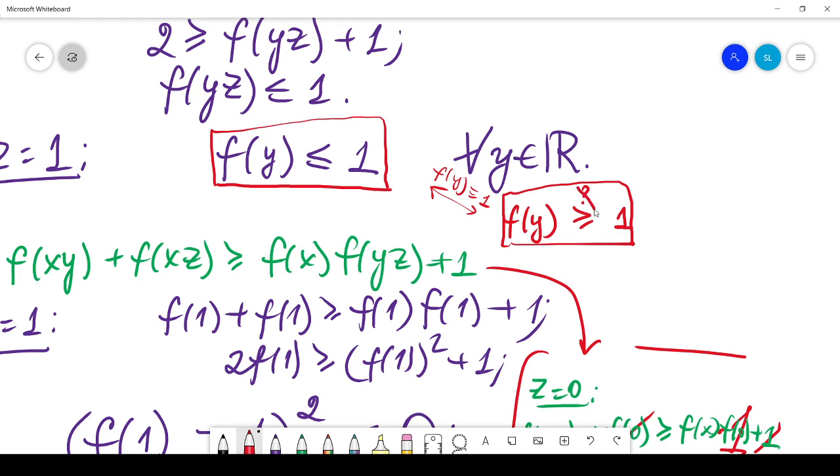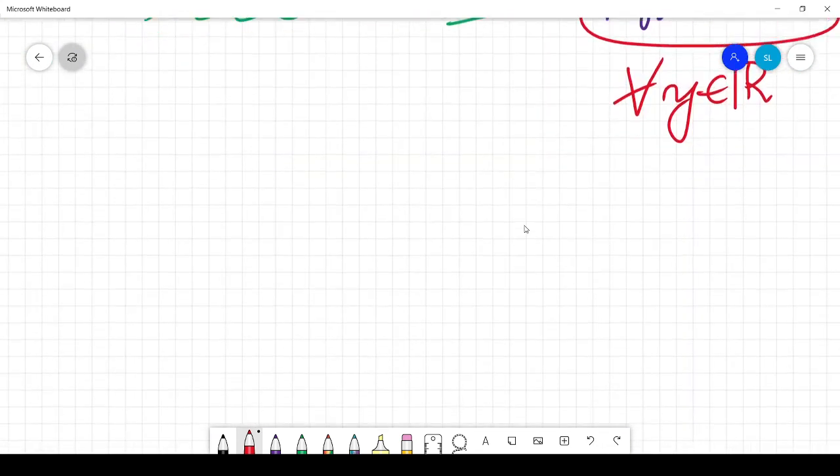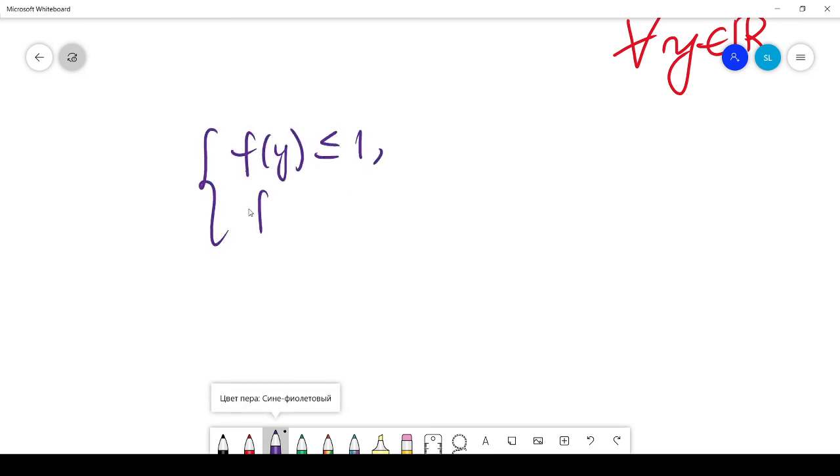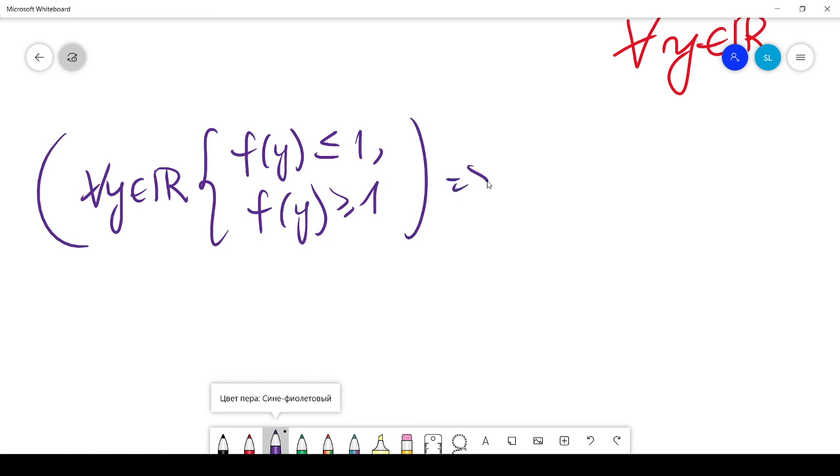This is not a question anymore. So f of y can be only equal to 1 at any point. So f of y is a constant, and actually it is 1.